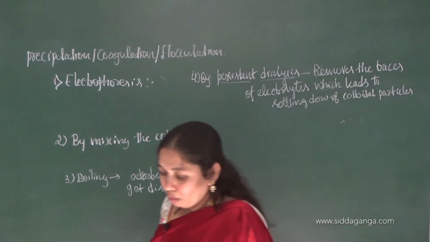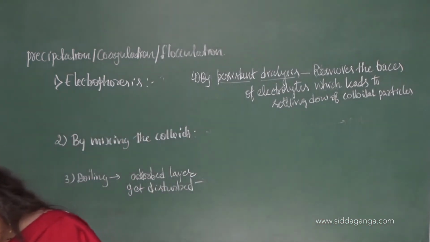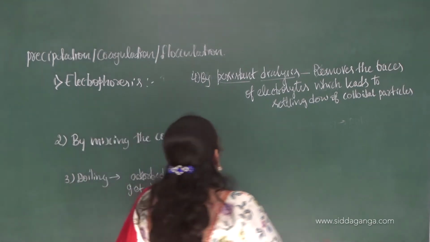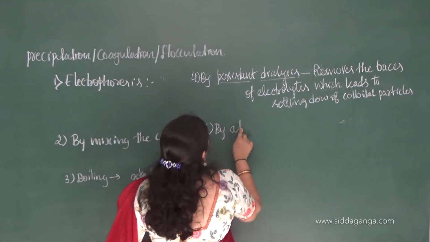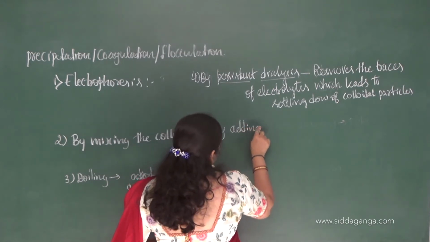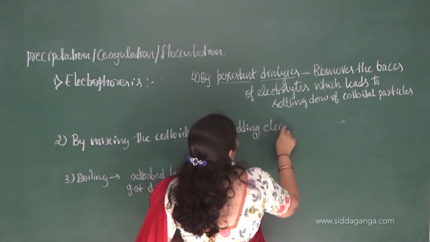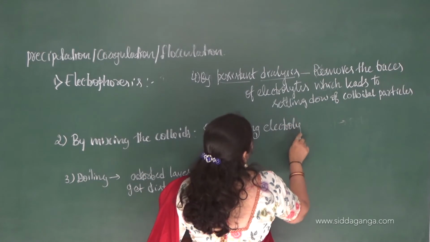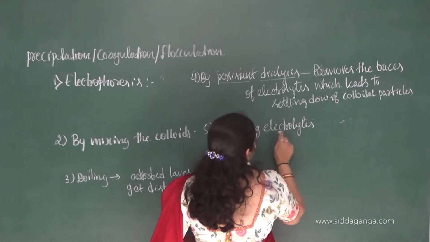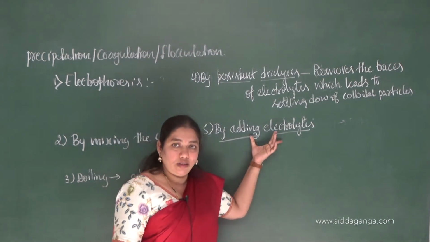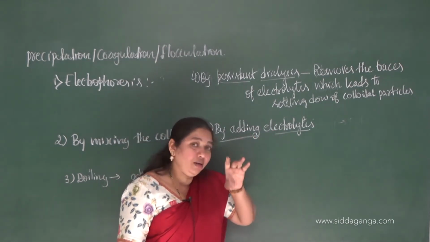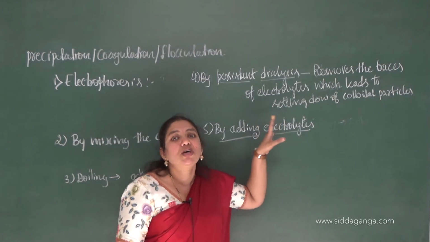Okay, so one more method we can employ, that is very important here, the fifth one, by adding electrolytes. I already told you, the electrolytes present in trace amounts are responsible for the charge of the colloid.